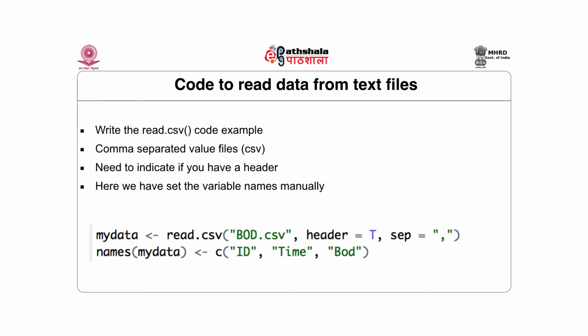There are different ways in which you can separate each individual quantum of information in such a rectangular grid. You can use a tab character to separate them, or you can use a comma character to separate them.